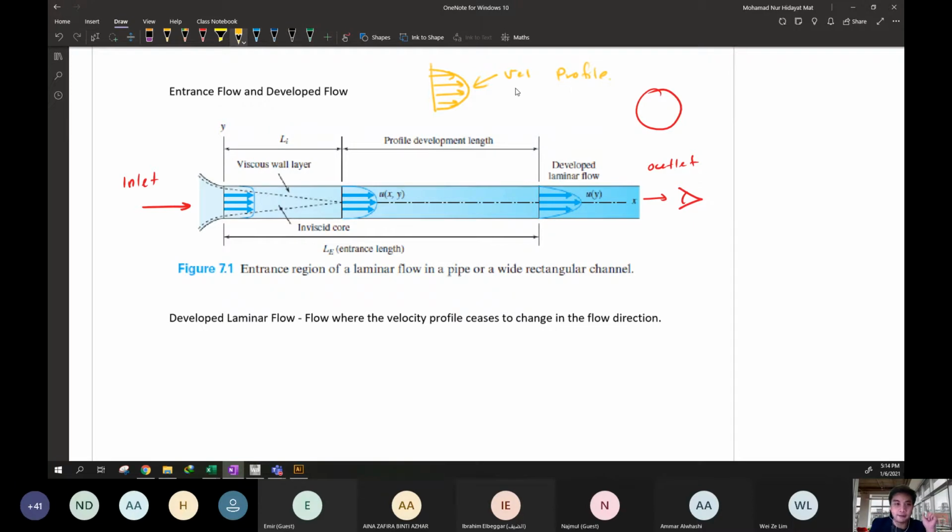Sometimes velocity will have different profiles. You can see this profile is different from the middle, and the middle is different at the outlet. So all these profiles have different characteristics. That is why we need to investigate and learn why this profile changes when we have different kinds of flow, for example laminar or turbulent flow.